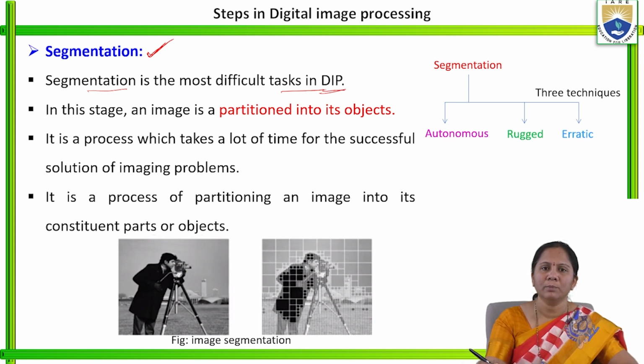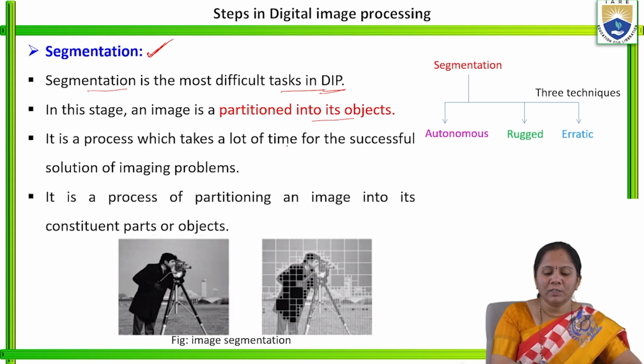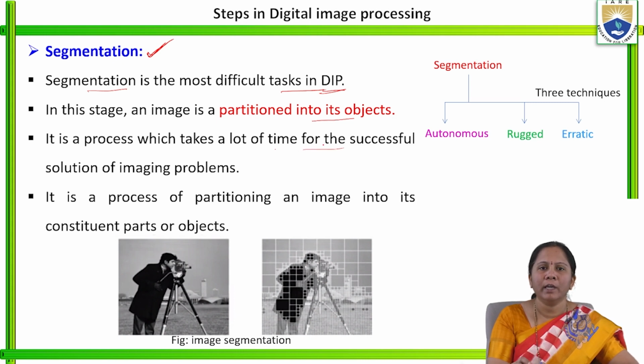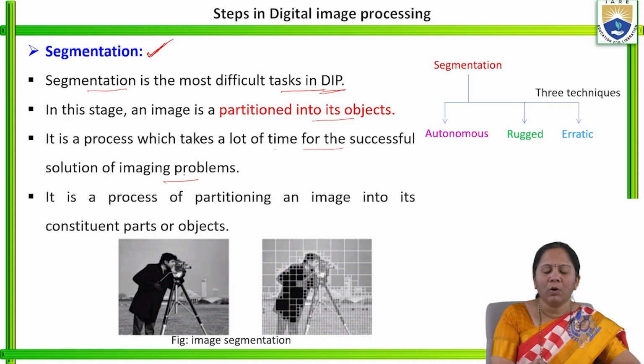Generally, the function performed in this block is partitioning of objects. It is a process which takes a lot of time. Even though we spend a lot of time on segmentation, it is going to solve all problems related to the image, because it partitions an image into constituent parts or objects.